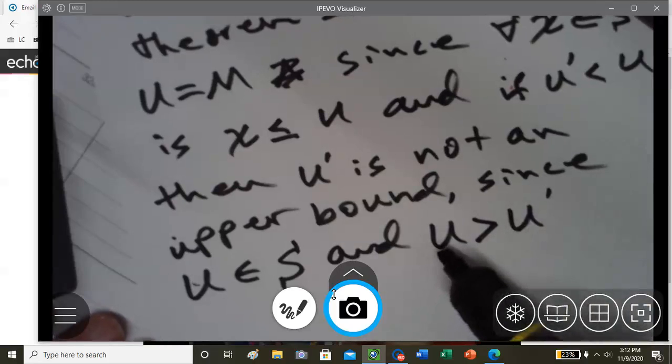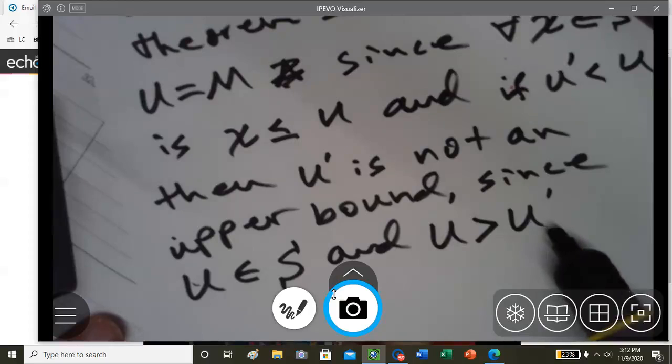So our least upper bound is greater than anything lower than that.